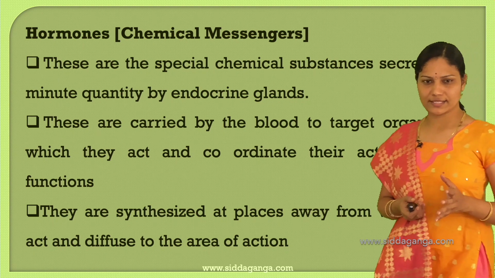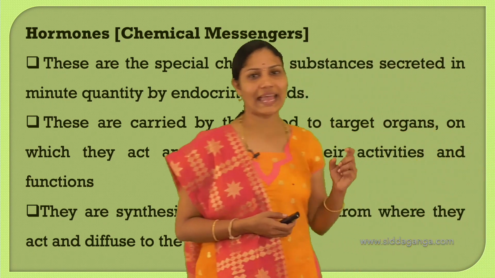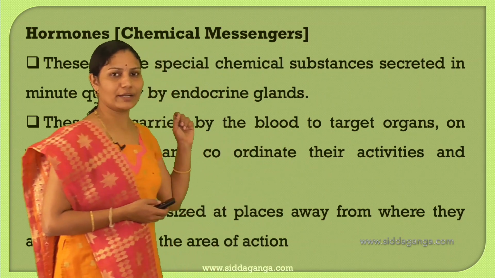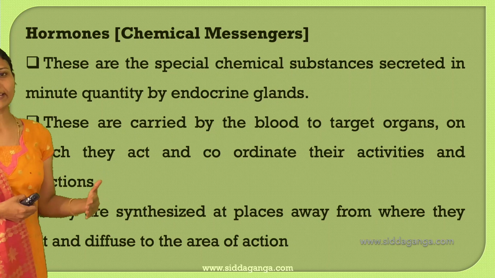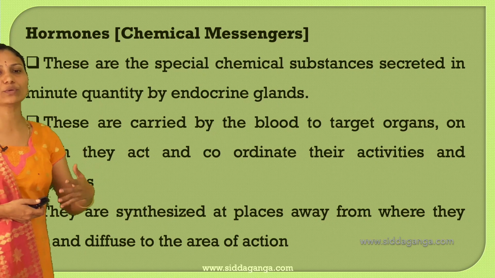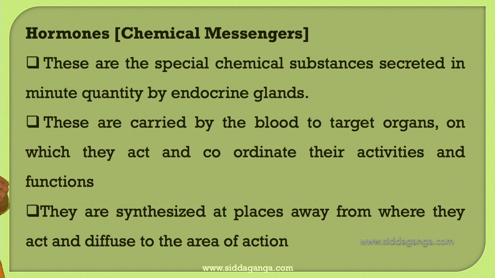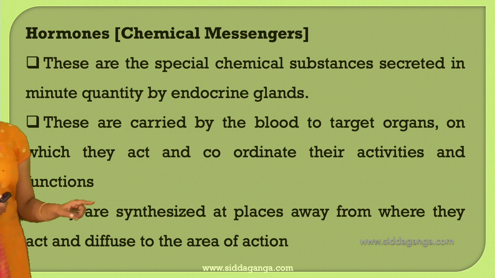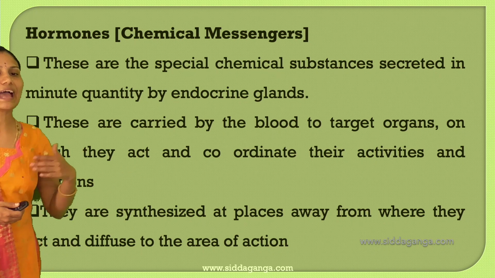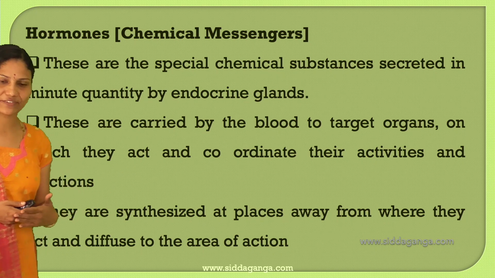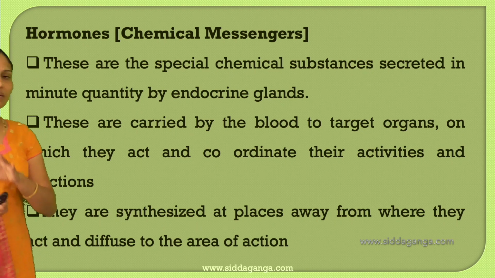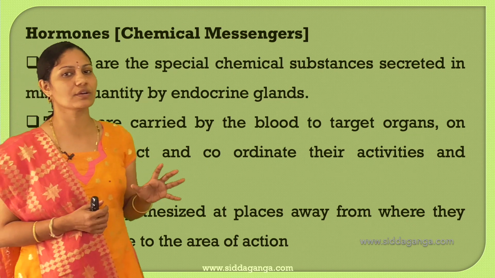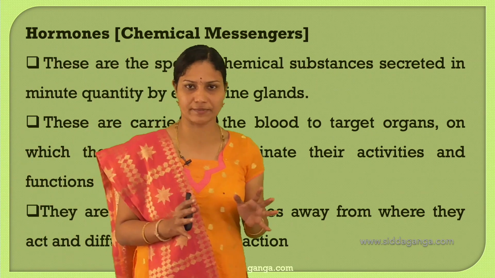The important thing is that these hormones are carried by blood. I told you that endocrine glands, the ductless glands, directly secrete these chemicals into the blood. So these are carried by the blood to the target organs on which they act, coordinating their activities and various functions. Remember, in the last class we discussed how this endocrine system works.